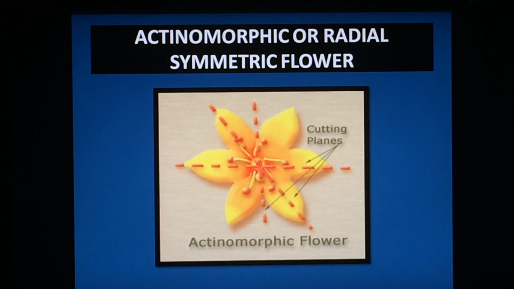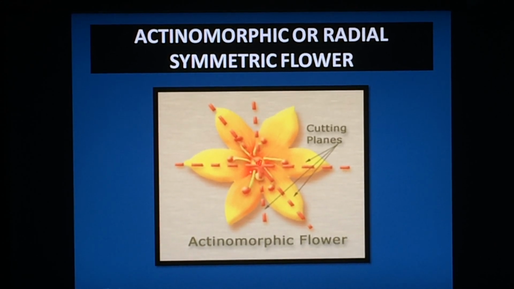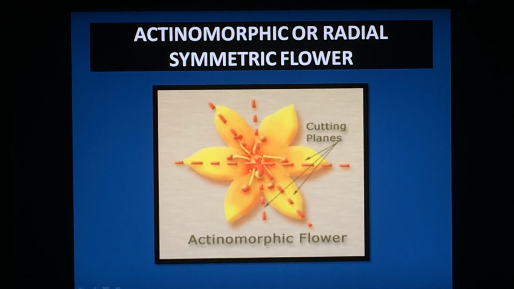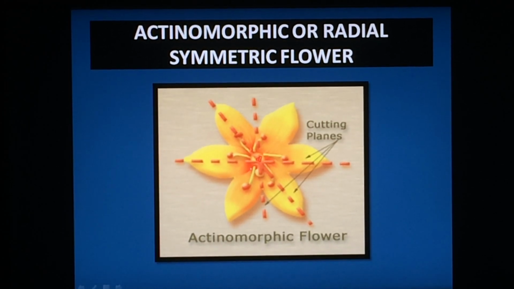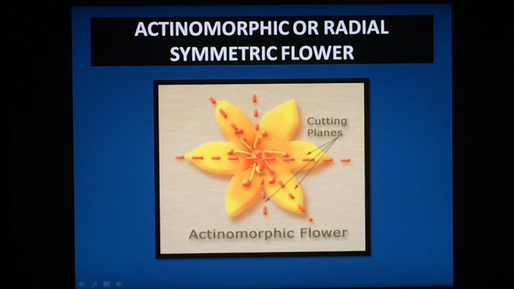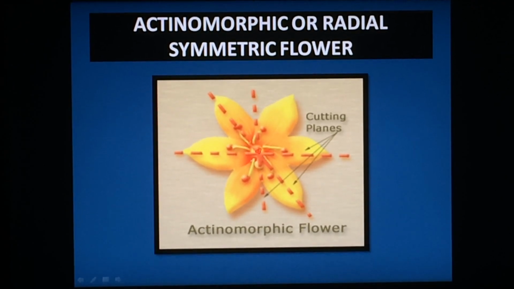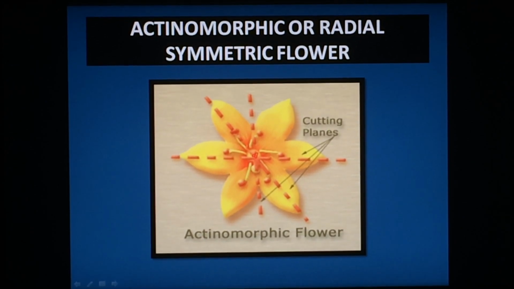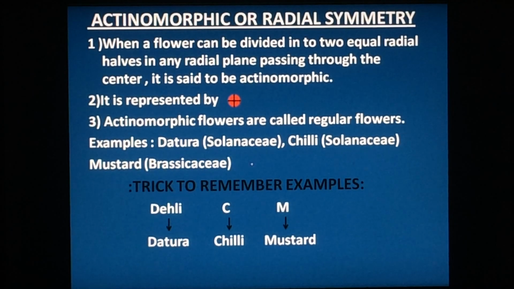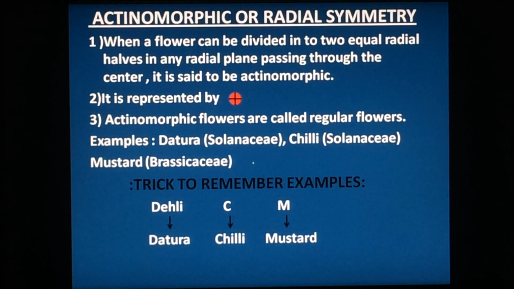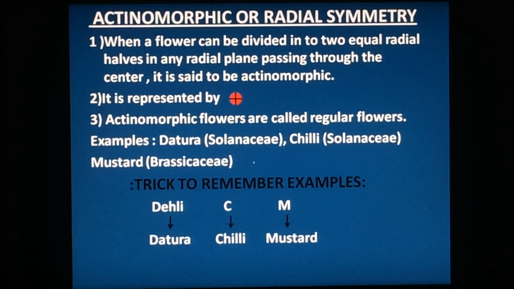So the flower in which we can get two equal halves from any plane passing through the center is called an actinomorphic flower, or it is also called a radial symmetrical flower. It is the regular flower, we can say.